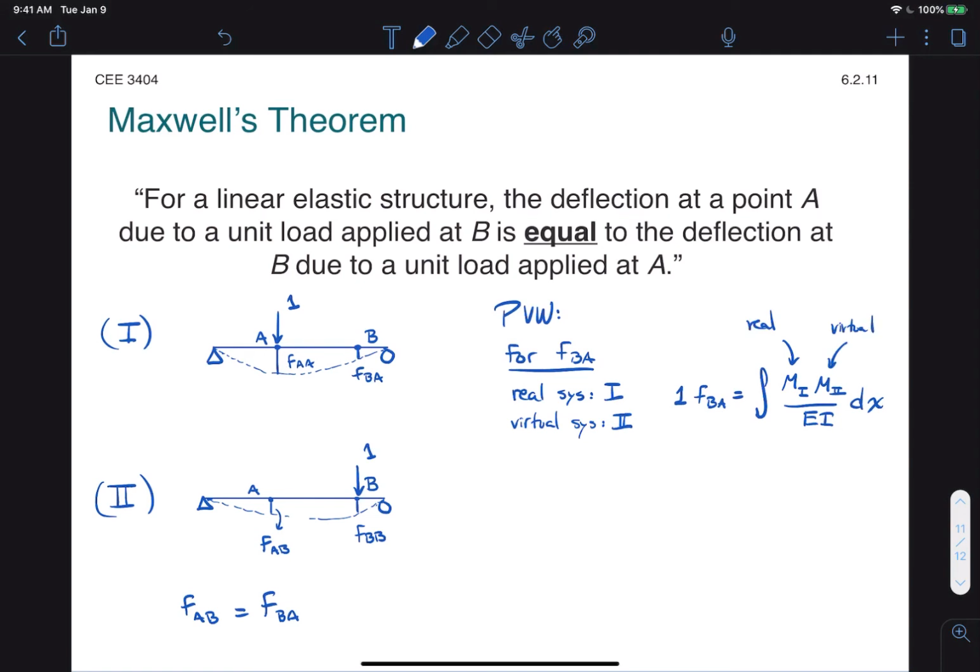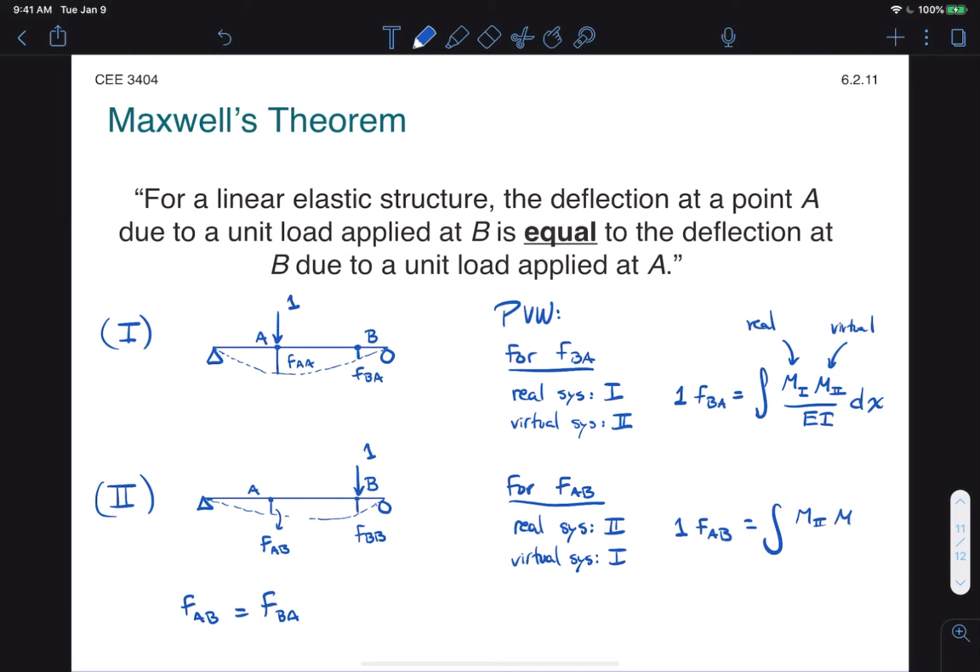Okay? So now you can probably see what's going to happen. If I want to solve for FAB in the second system, then my situation flips. My real system is system 2, and my virtual system is system 1. So my equation becomes 1 times FAB equal to the integral of my real moment M2 times my virtual moment M1 over EI dx.